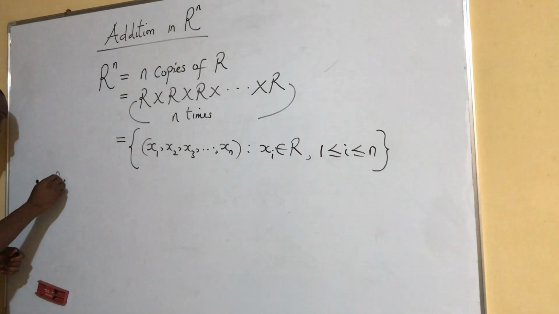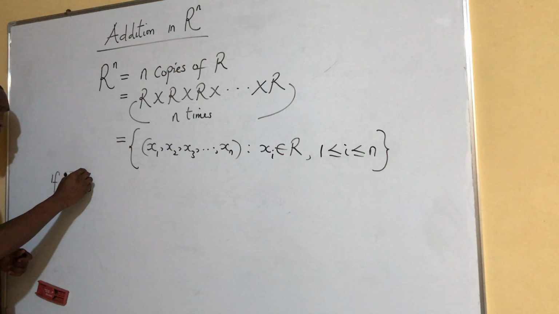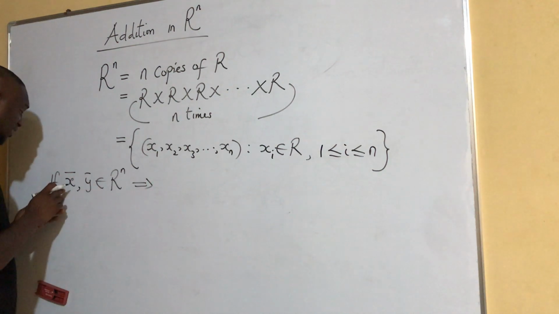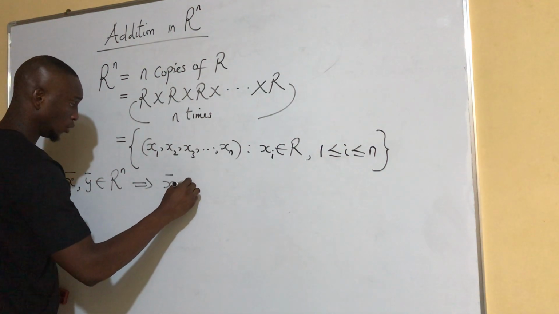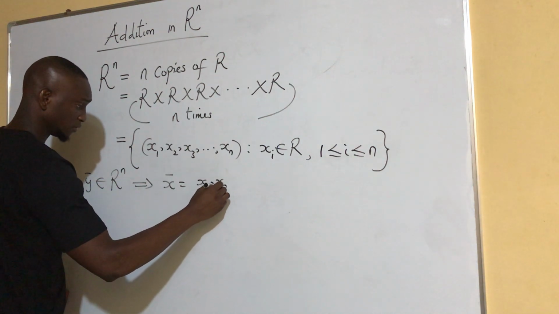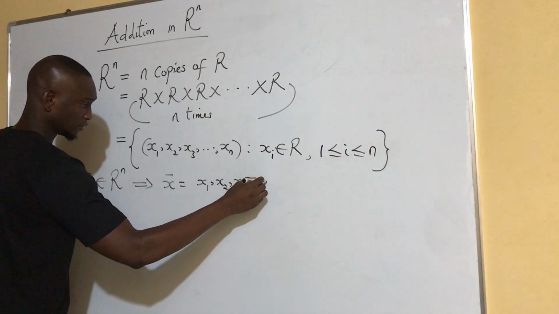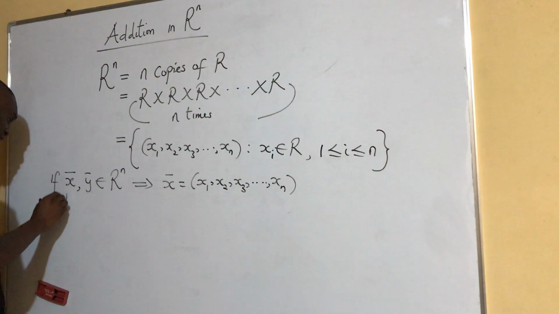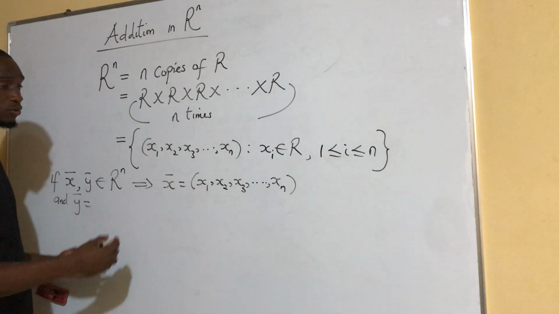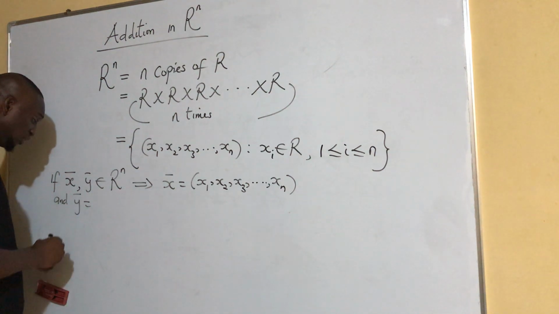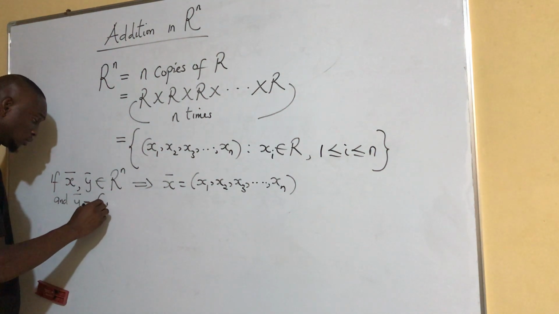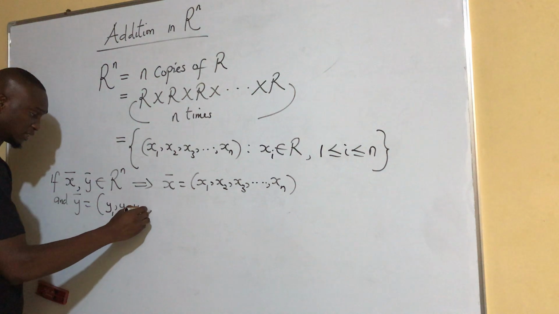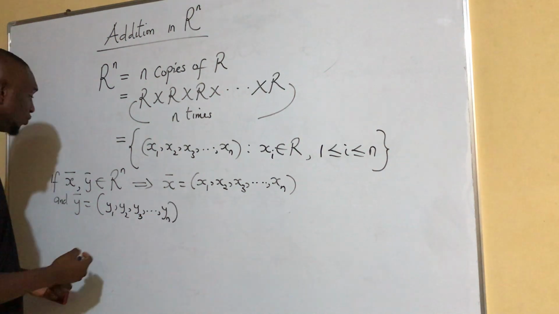If x bar and y bar belong to this particular set, this implies that x bar is equal to (x1, x2, ..., xn), and for y bar there exist y1, y2 to yn such that y bar is equal to this particular ordered n elements. Now how do we add these?